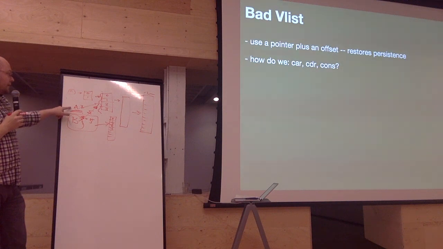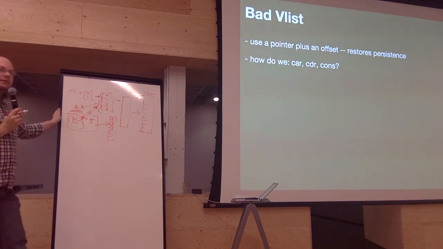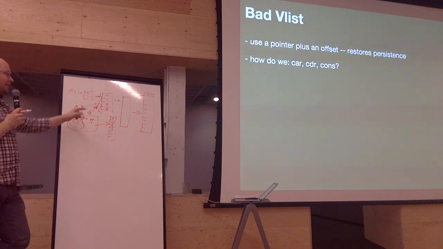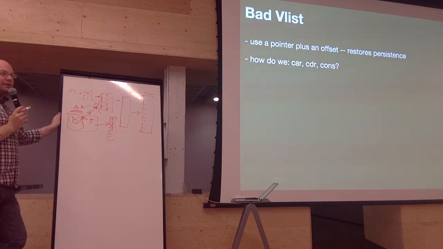So what happens if we want to cons or push something onto A? We've already filled its spot, right, with B. So you have to copy the data.